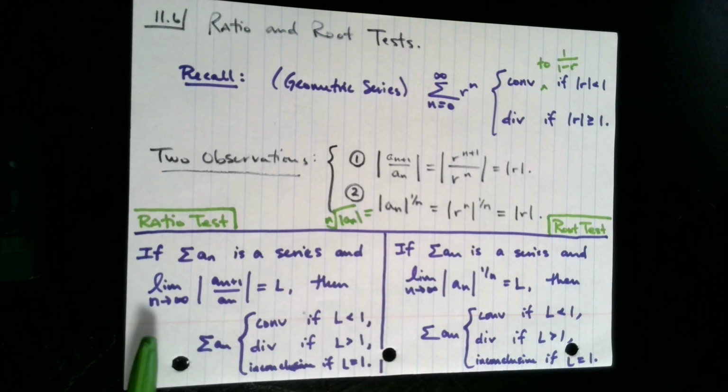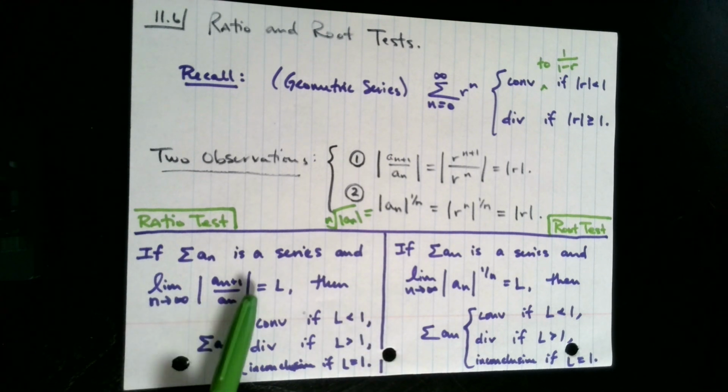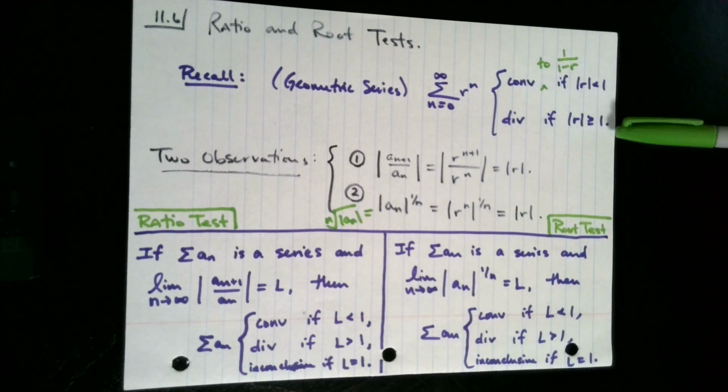On the other hand, if when we take the limit as n goes to infinity of a ratio of subsequent terms with absolute values on them, we get something bigger than 1, then our series is essentially acting like a geometric series with common ratio bigger than 1.